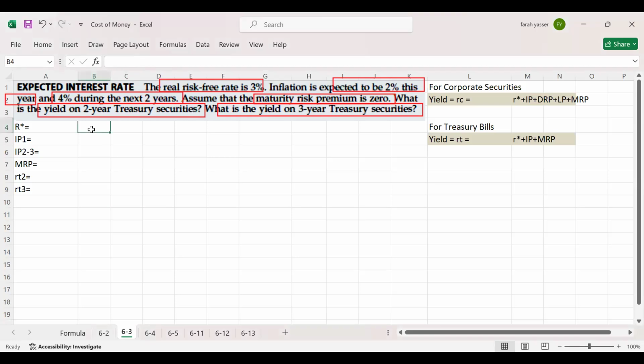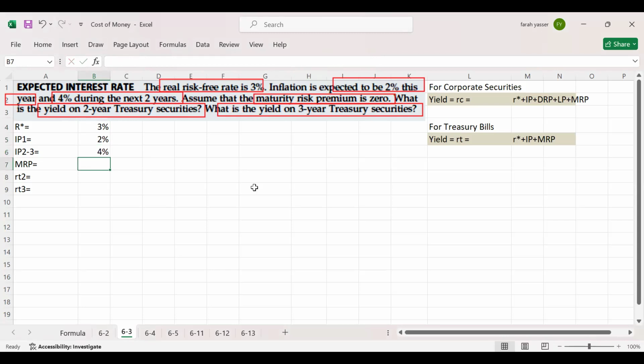So the data is given: R star, real risk-free rate of return, which is 3%. Next is inflation, expected to be 2% this year, meaning first year inflation is 2%. And during the next 2 years, meaning inflation from second and third year, second and third year is 4%.